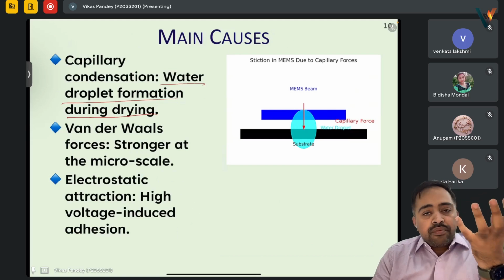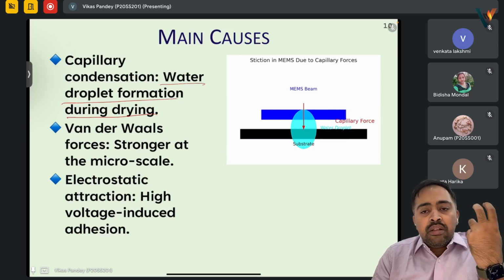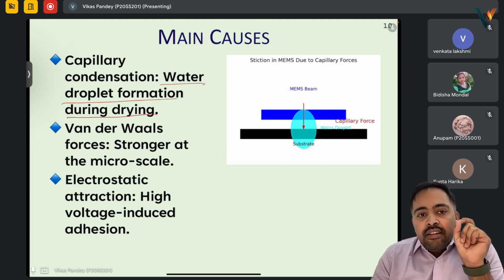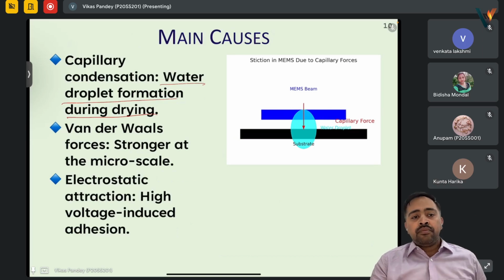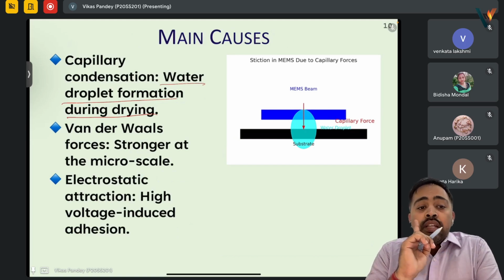When these structures are made, like beams or cantilevers, some water droplet might get in and form a condensed layer, and as such that can lead to capillary condensation and will lead to stiction.